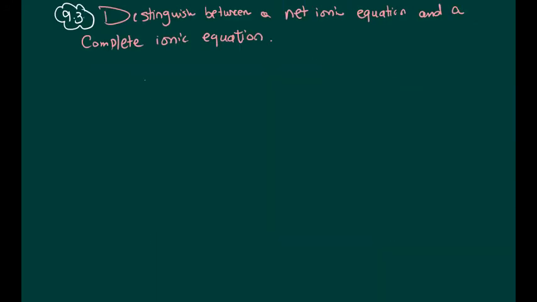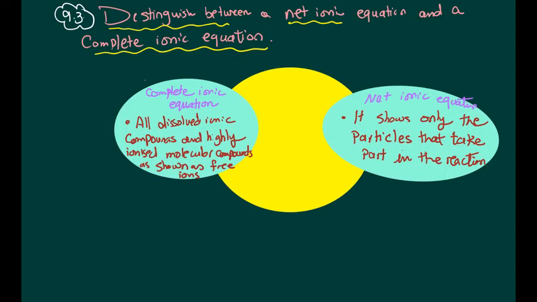Here is the last KPI required for your system-wide quiz. It's to distinguish between net ionic equation and complete ionic equation. In a complete ionic equation, all dissolved ions in ionic compounds appear as free ions.